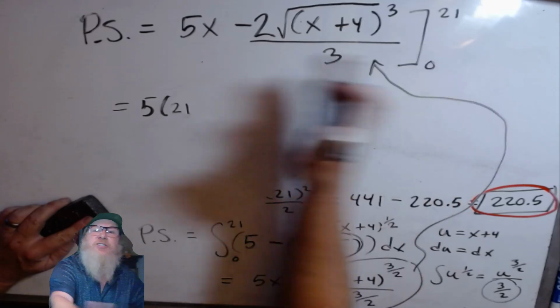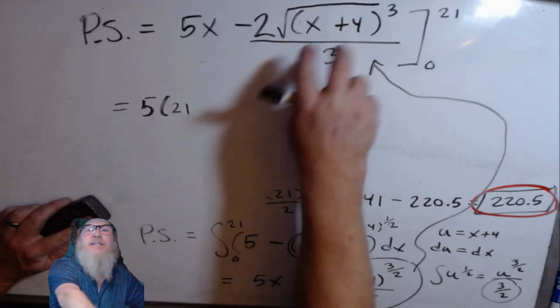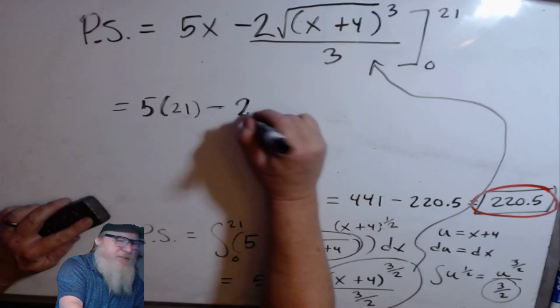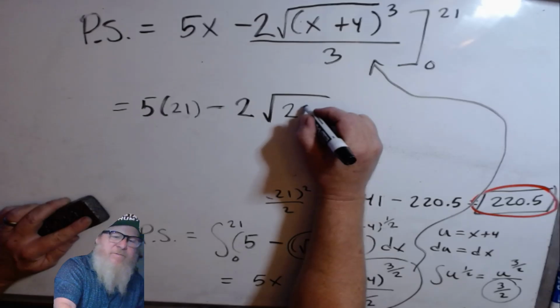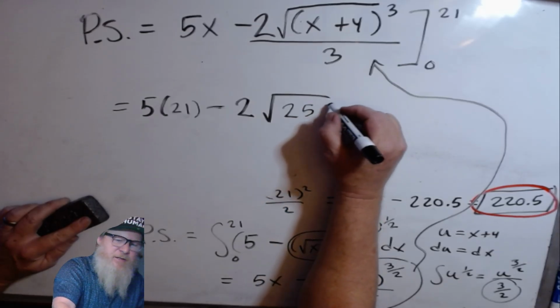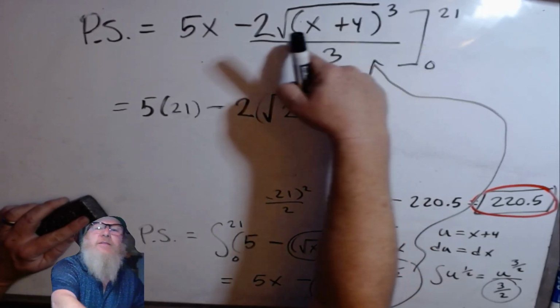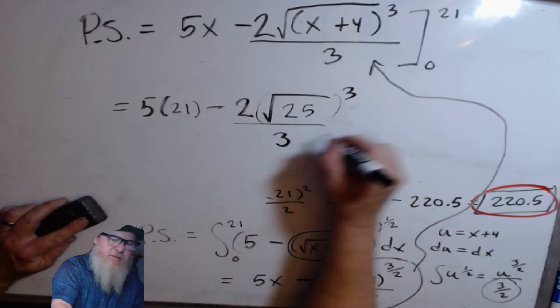Because of the horizontal shift, if I plug in 0, I'm not going to get 0. I'm going to get a number. So 5 times 21 minus 2 times the square root of 25 cubed, and then divide it by 3.